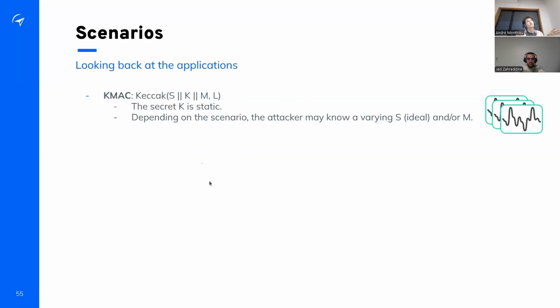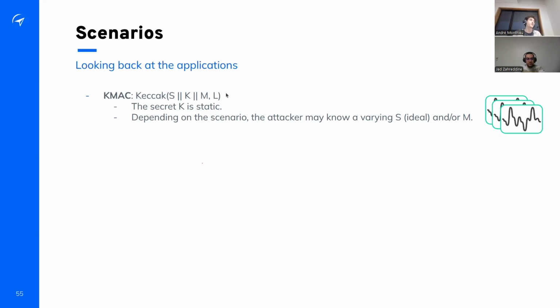So now let us take a look back at the applications that Jad mentioned to better understand the different scenarios and how we could attack each individual use of Keccak. Starting with KMAC. KMAC is essentially the Keccak sponge construction applied to a customization string S, a key K, and a message M. L here is the length of the digest.